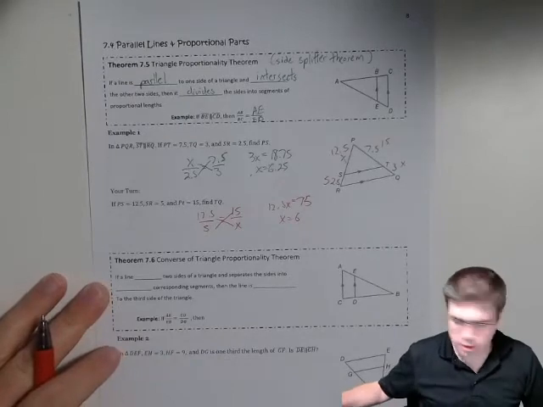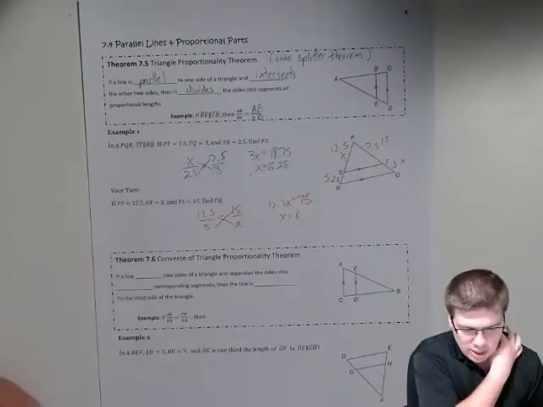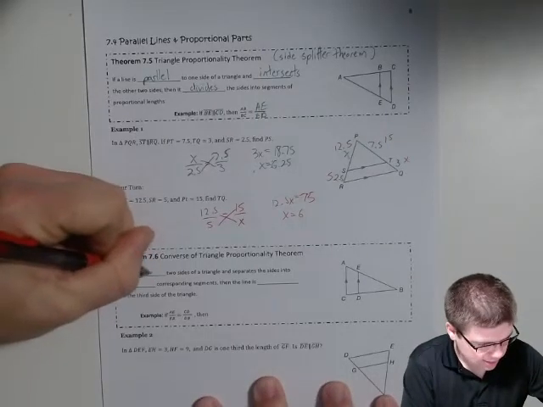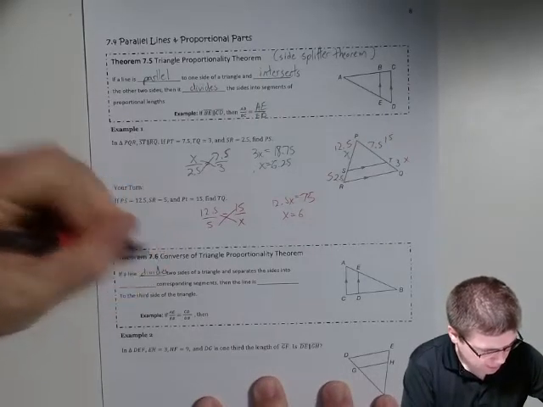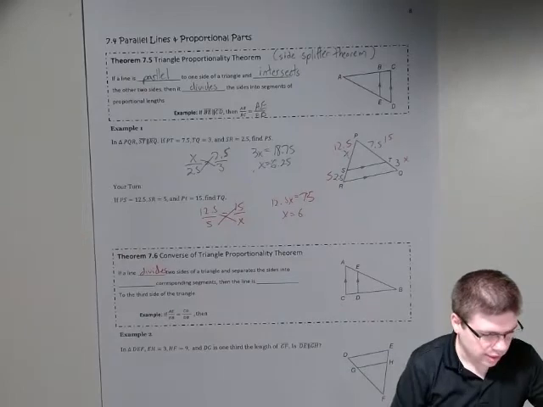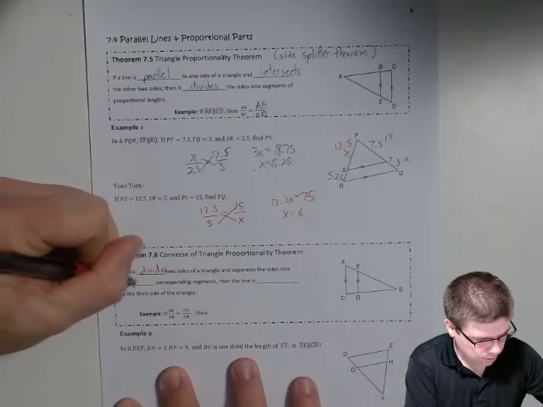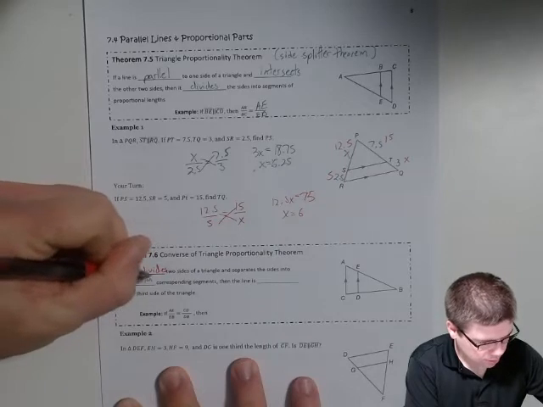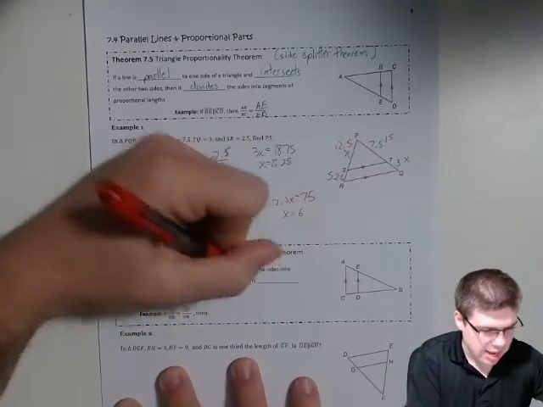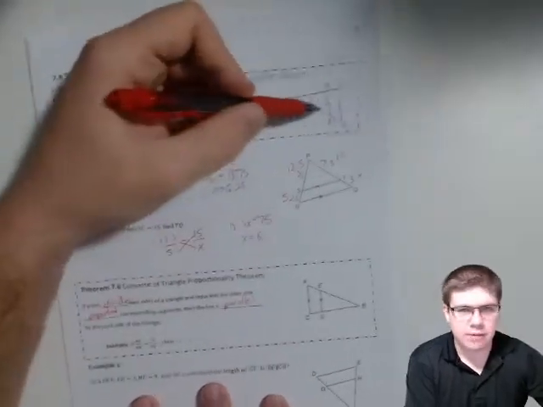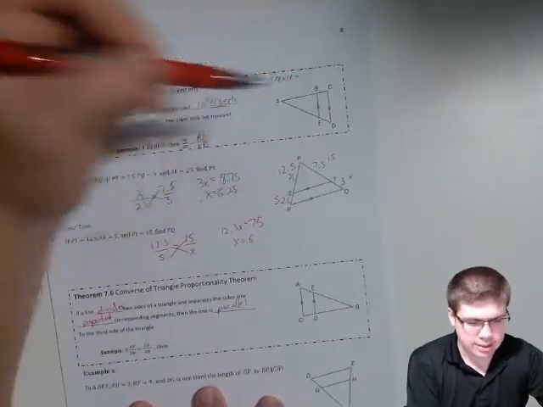All right, this thing works in reverse as well, the converse of the triangle proportionality theorem. If a line divides two sides of a triangle and separates the sides into proportional corresponding segments, then the line is parallel. So up here we know if it's parallel, then it's going to divide those sides into proportional parts.